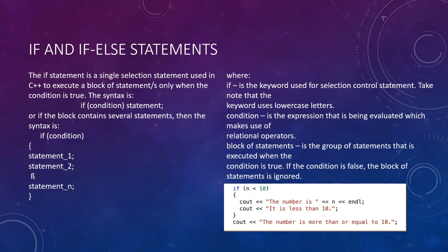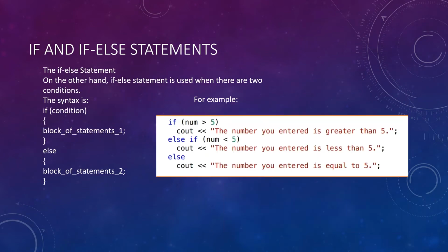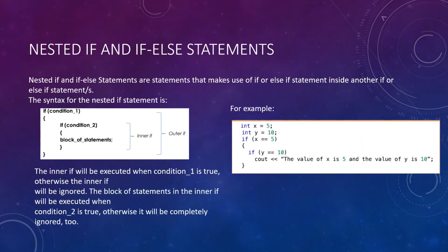If the condition is false, the block of statements is ignored. The if-else statement, on the other hand, is used when there are two conditions. Nested if and if-else statements. These are statements that make use of an if or else if statement inside another if or else statement.